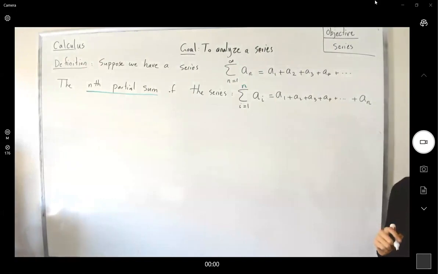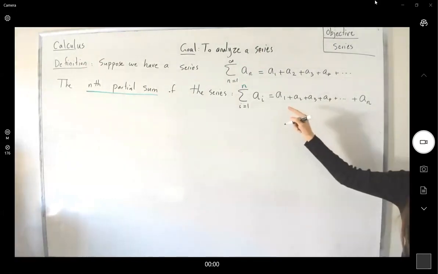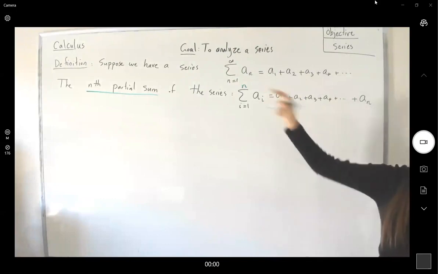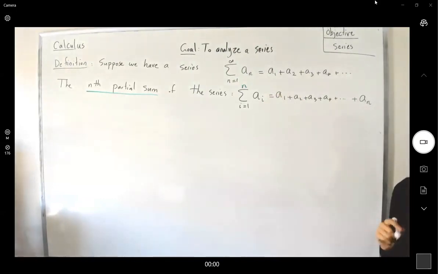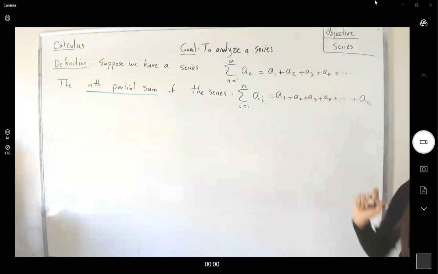So now we're going to use the nth partial sum to talk about the convergence and divergence of series with infinite terms.